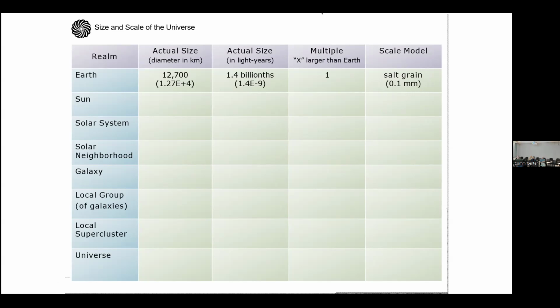I think we've all seen the pictures of the solar system. You've got the sun, and you've got all the planets, 8 or 9, depending on how old you are.